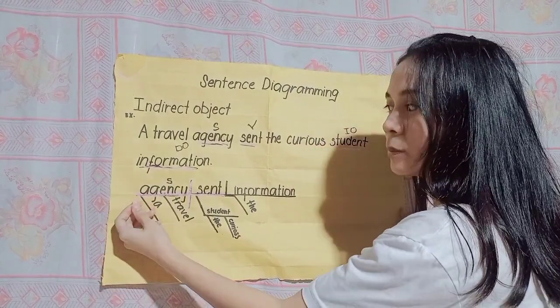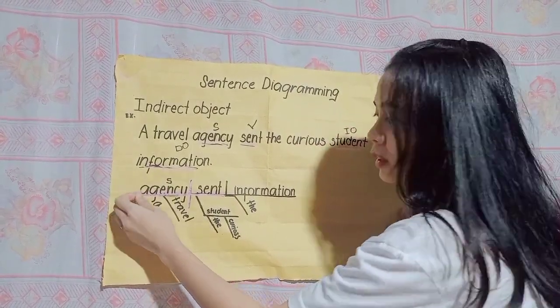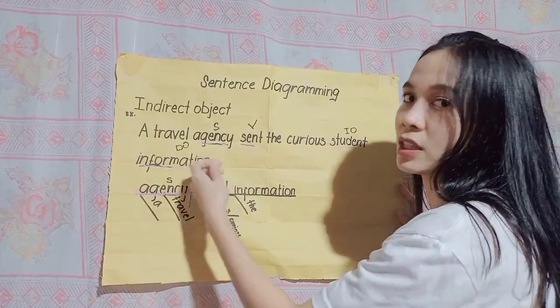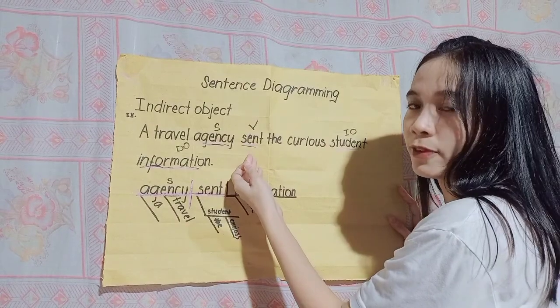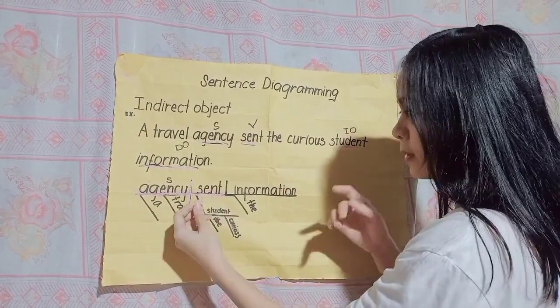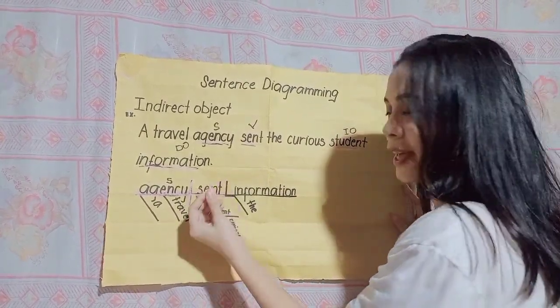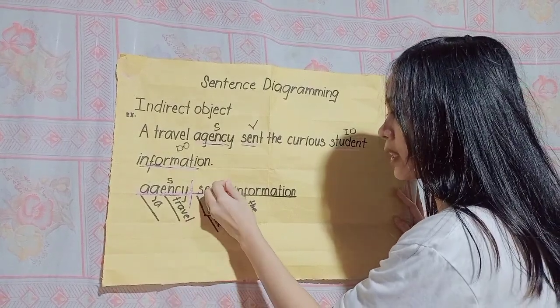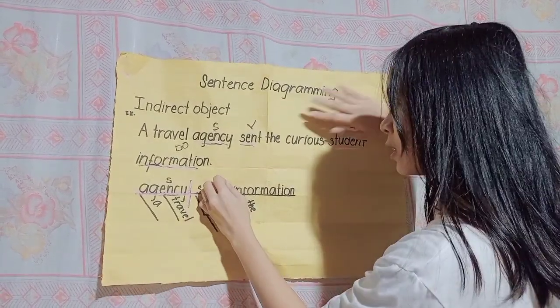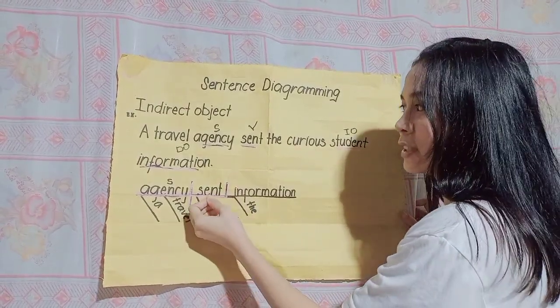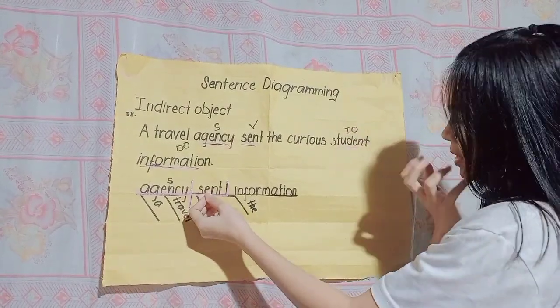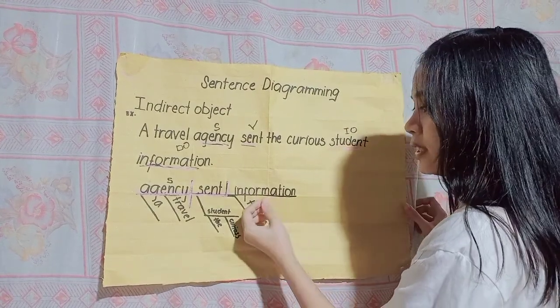Our subject will be written here on the left side, which is the agency, along with the verb sent. Then we're going to draw a vertical line dividing the verb and the direct object.